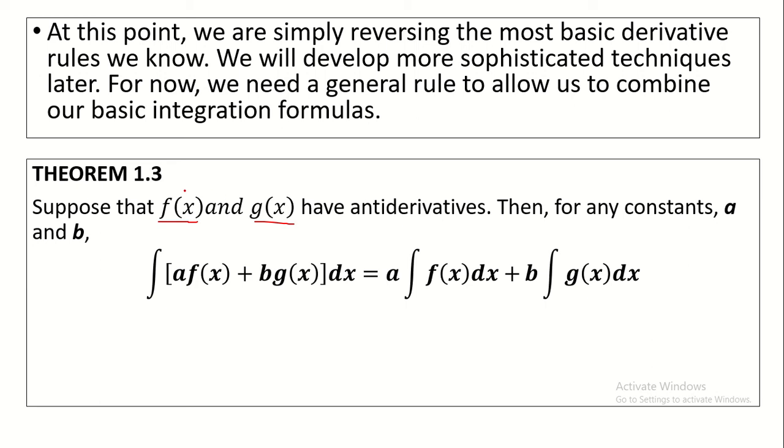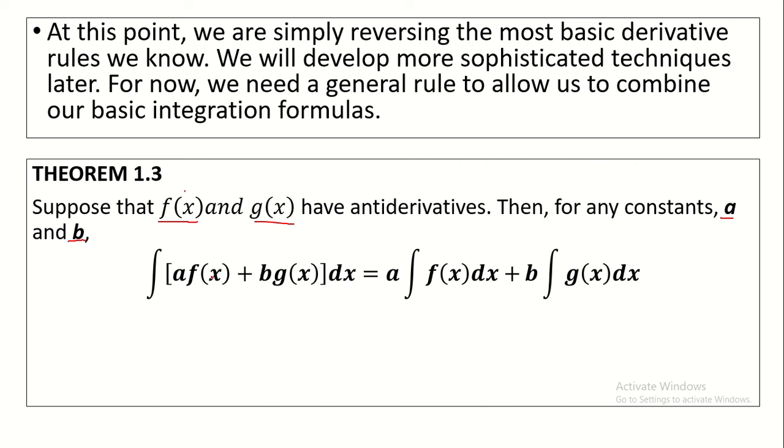So, then for any constants a and b, we have the indefinite integral of a f of x plus b g of x with respect to x is equal to a times the indefinite integral of f of x with respect to x plus b times the indefinite integral of g of x with respect to x.